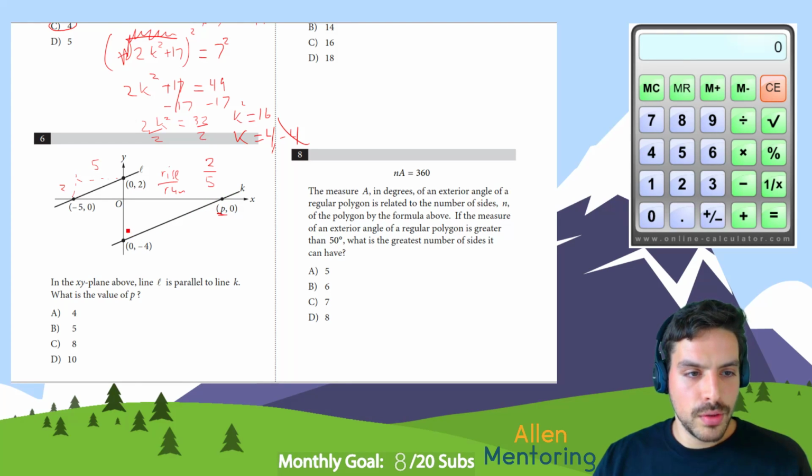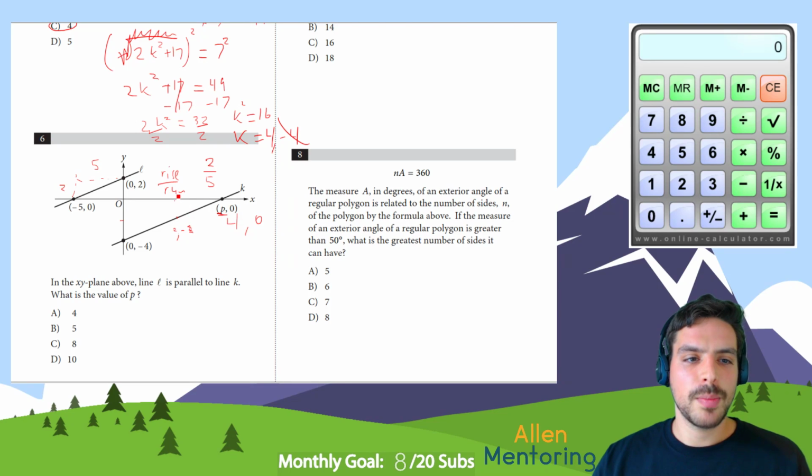So what are we going to do? We're going to go up 2 here and run over 5. Okay, so this is going to be at 2, negative 2. Okay, and then we're going to go up 1 more and run over, and that's going to be 4, comma 0.